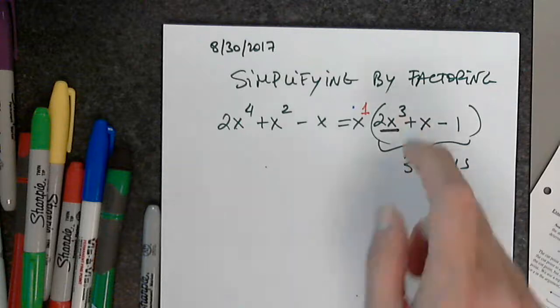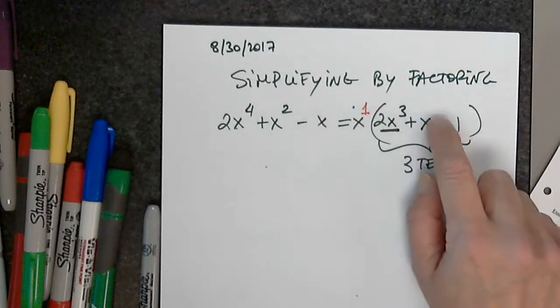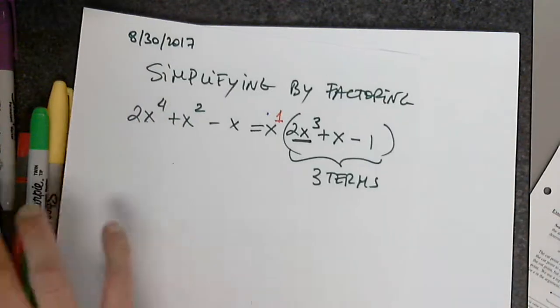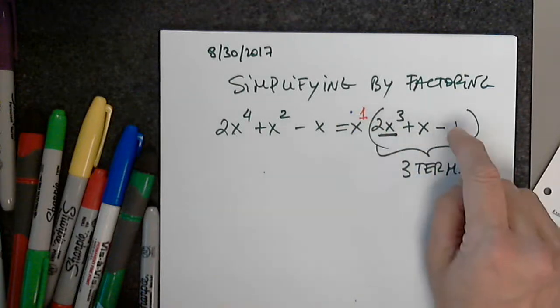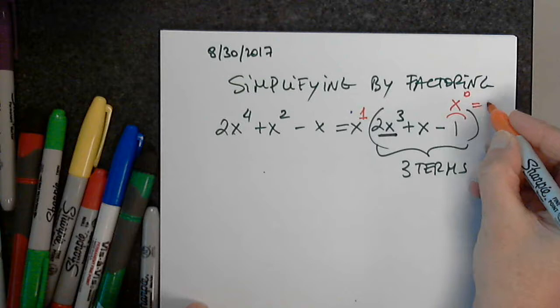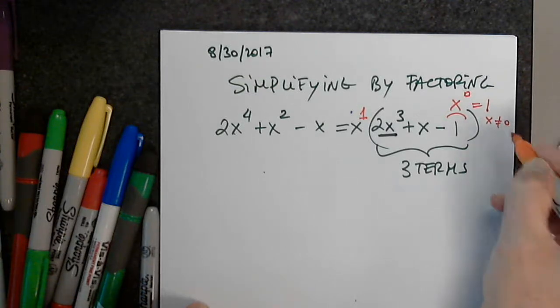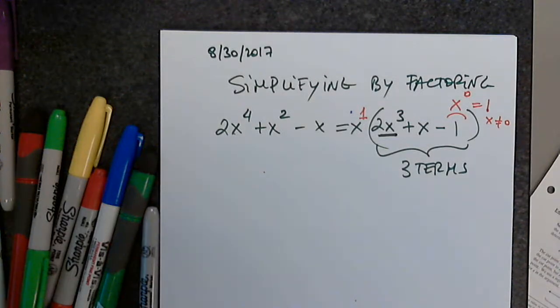So please follow this, because this is what I need for those sophisticated kind of expressions. 2 minus 1 is 1. Oops, sorry. 1 minus 1 is power 0. So this is basically x raised to 0, which is 1, as long as x is not 0. So this is the concept that we are going to apply in all these problems.